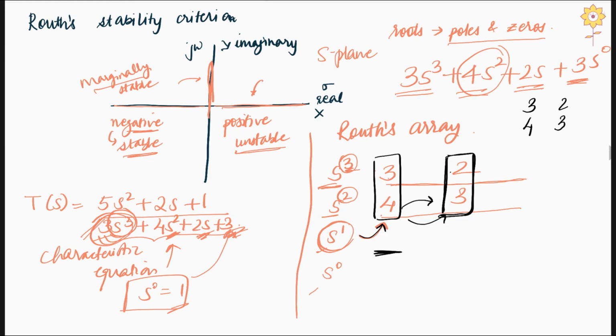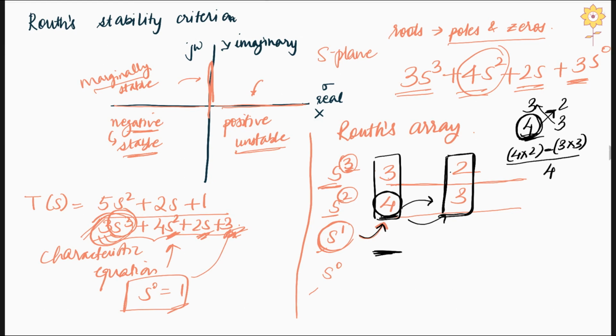Now, what we will do? We will be doing cross multiplication. So, please keep in mind we always start from this number, which is just above the position that we are looking for. So, 4 is multiplied with 2, 4 into 2, minus 3 into 3. We will have minus in the middle, please keep in mind, and it is divided by this number only, that is the 4.